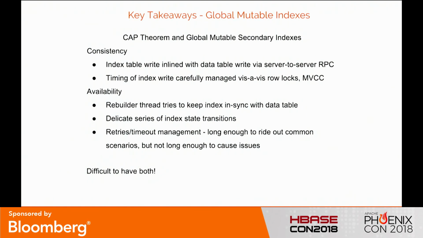That's why we have to manage the ordering with the MVCC. And we also want it to be highly available, so we need the rebuilder thread and all these state transitions. So it's difficult to have both a consistent and available index.